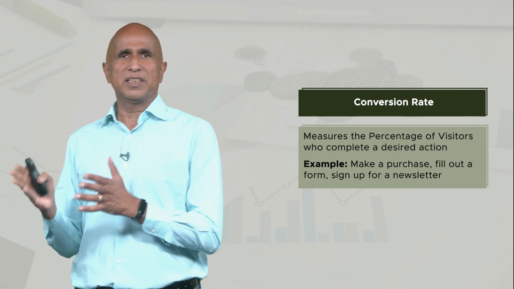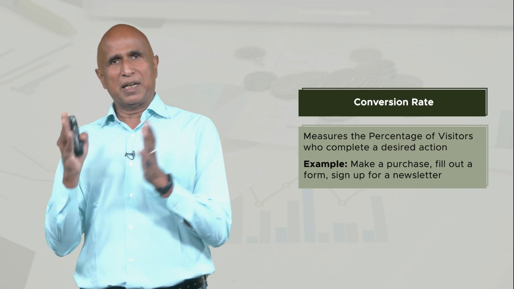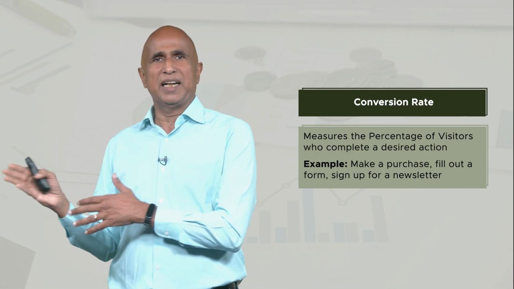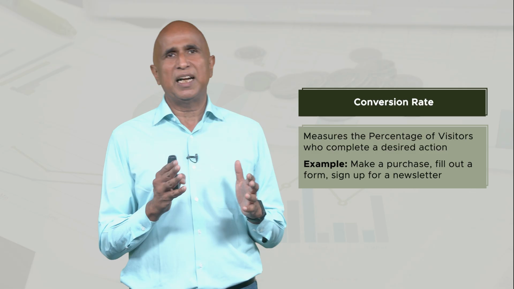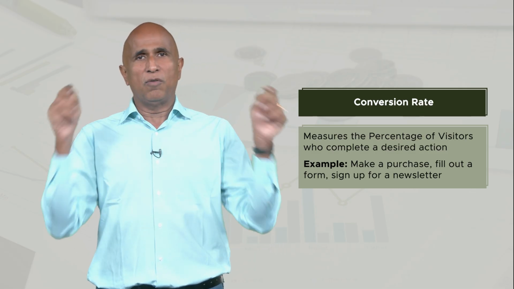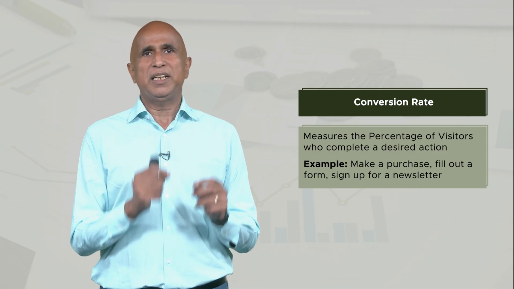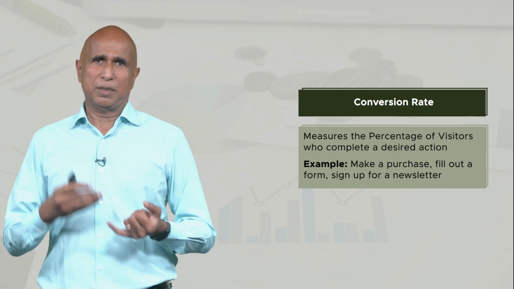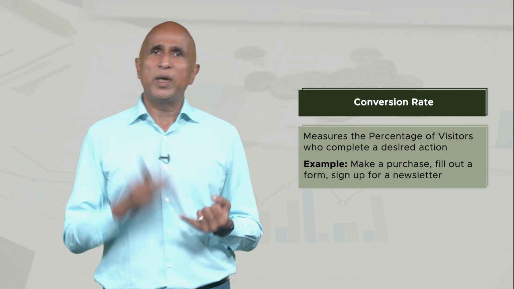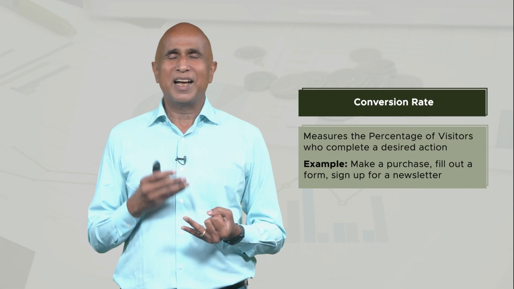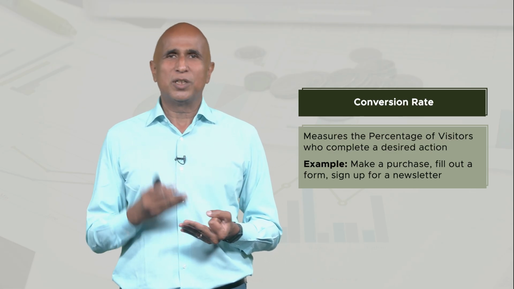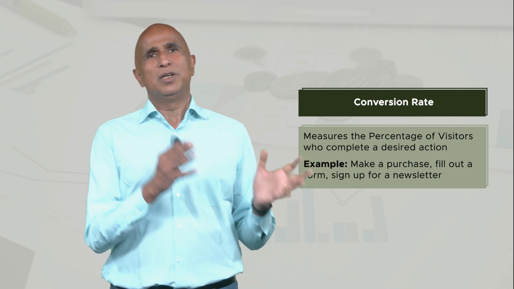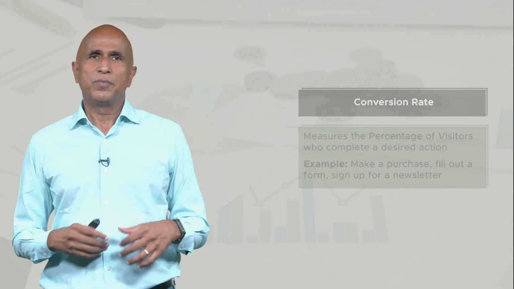That is called a conversion rate. What percentage of people coming to the site are actually converting or taking a desired action. This is key for understanding the effectiveness of your whole website and persuading visitors to take the action. This will involve multiple things. Some of the hygiene things like having a quick page load time, nice visuals, a good call to action. All of those come under how do you increase your conversion rate.